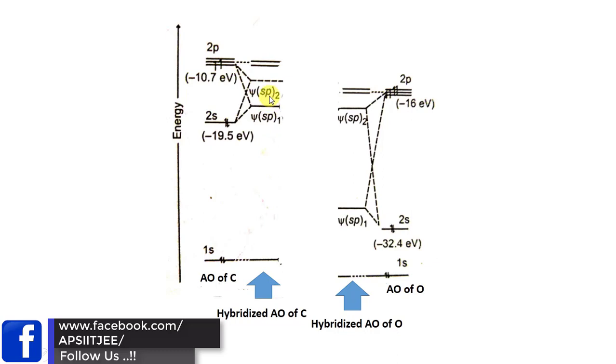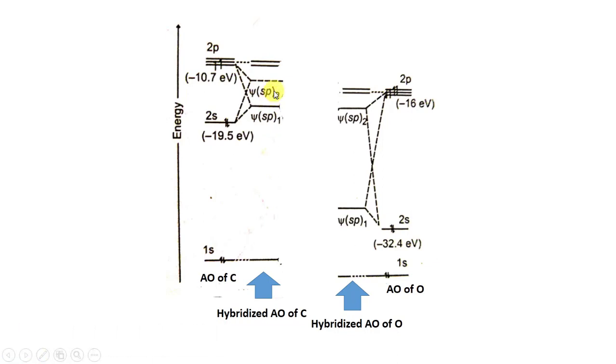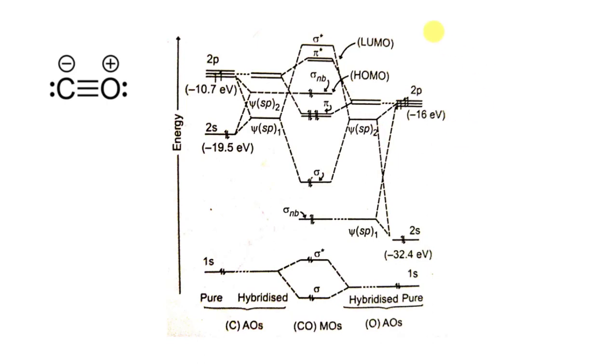So sp1 and sp2 are hybrid orbitals of carbon, and this sp1 and sp2 are hybrid orbitals for oxygen. So this is the complete hybridized MO diagram for carbon monoxide.